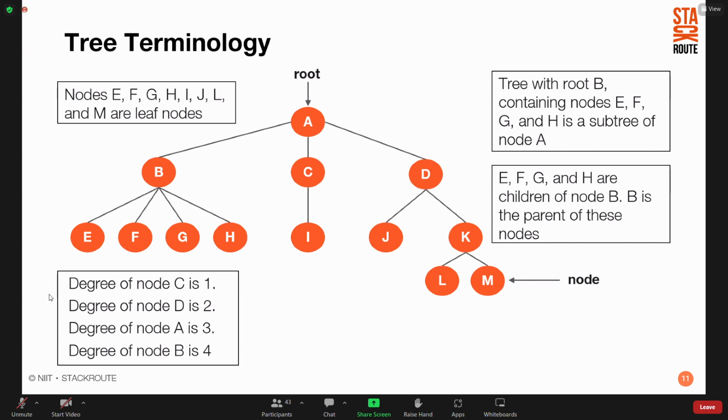So A node is having B, C, D. In another term, B, C, D are called children of the root node. In another term, in one tree, you can have many subtrees.